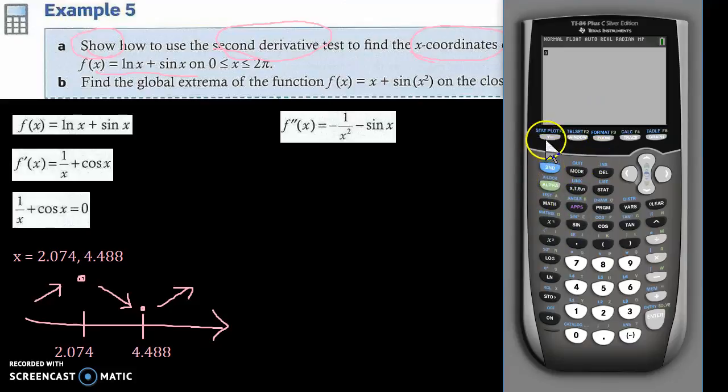So let's type the expression in: negative 1 over x squared, minus sine of x, where we substitute the x with 2.074.